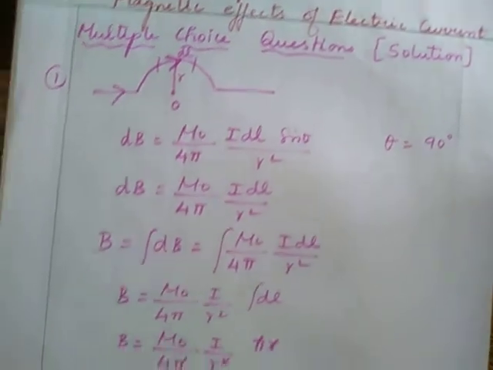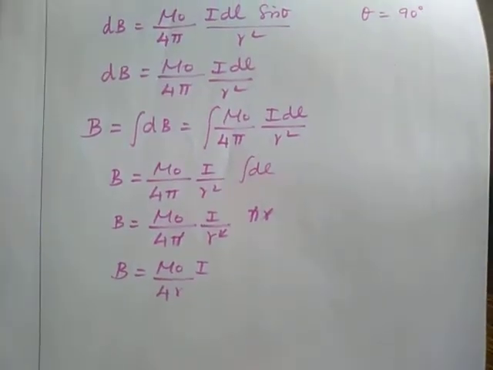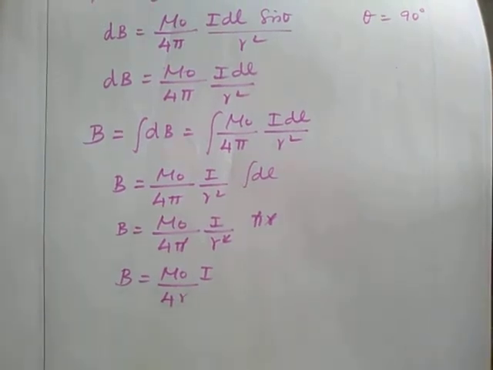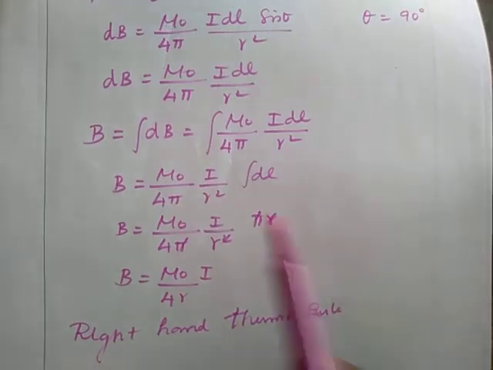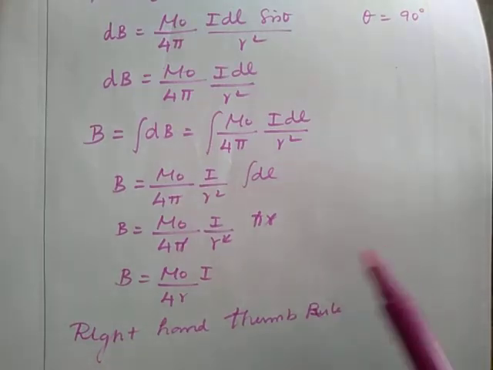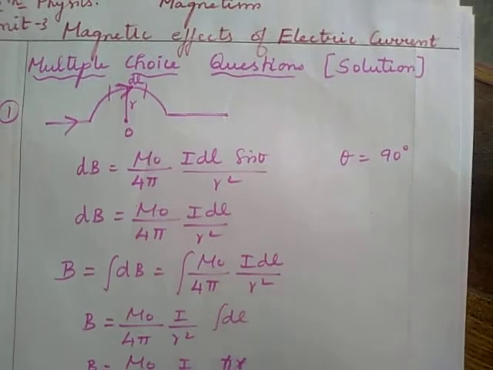Then in order to find the direction of the magnetic field, we can use the right hand thumb rule. Using this rule, we can find the direction of the magnetic field at the point O. This rule states: hold the conductor in your right hand.